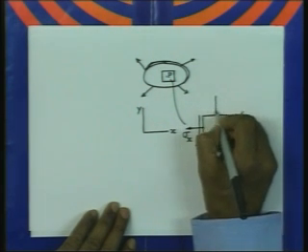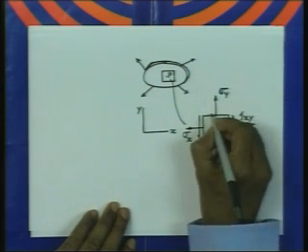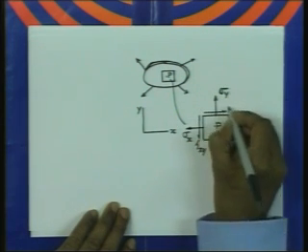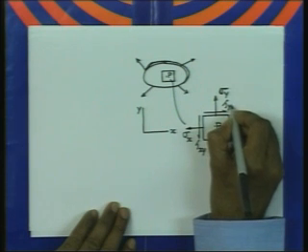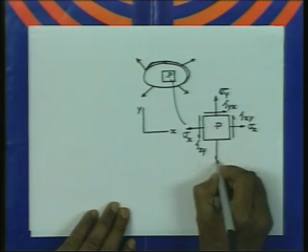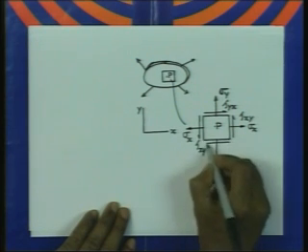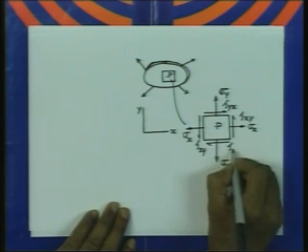Similarly, the stresses on this plane, which is the positive y plane, are going to be sigma y, and the shear stress is going to be tau yx, and on the negative plane it is going to be sigma y and the shear stress tau yx.